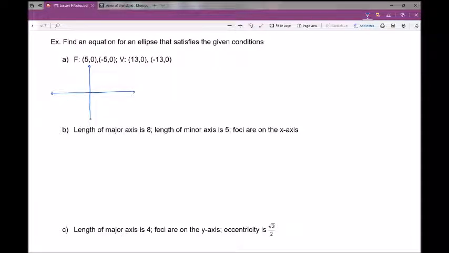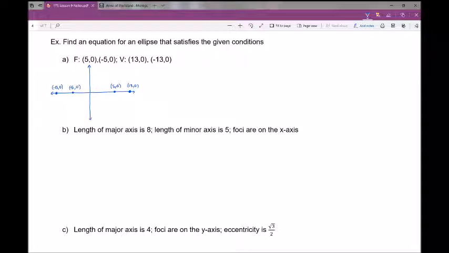Okay, so vertex 1 might be somewhere over here, and that's (13, 0). The other vertex might be somewhere over here, that's (-13, 0). And our foci, we notice, lie on that same horizontal axis. So we have (-5, 0) and (5, 0).